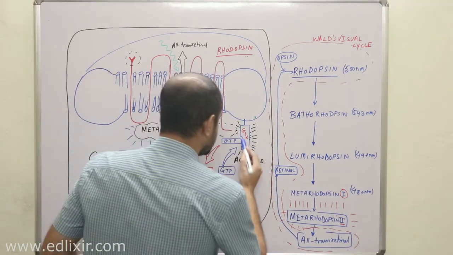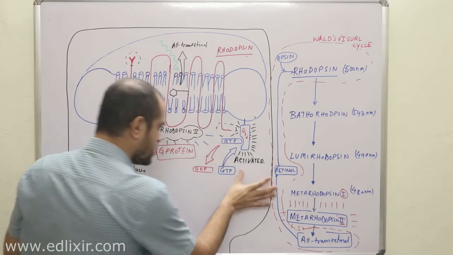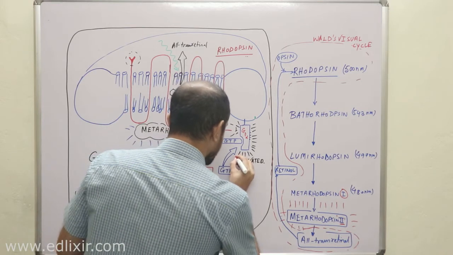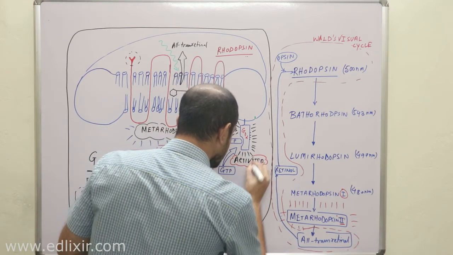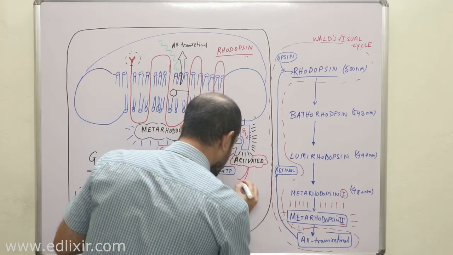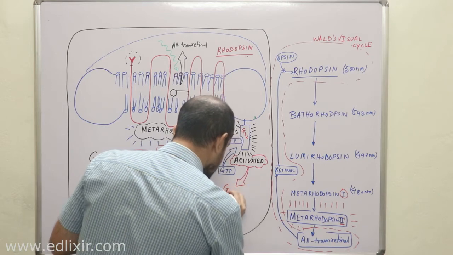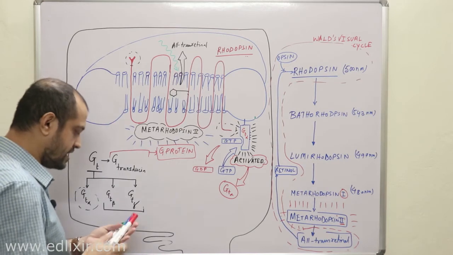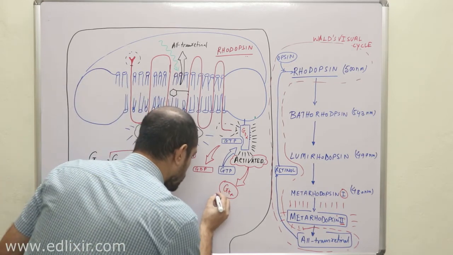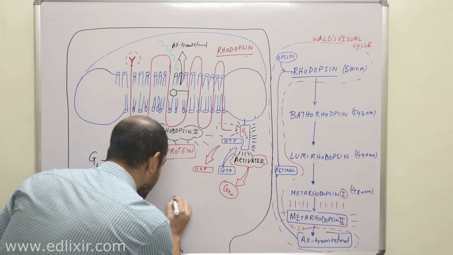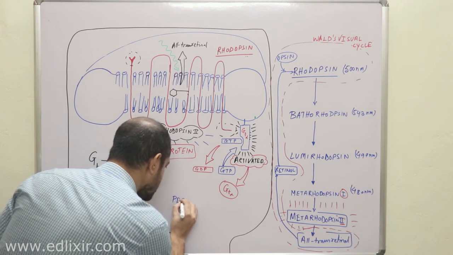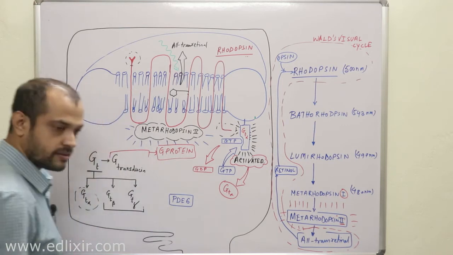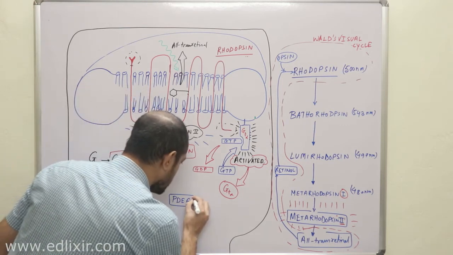Now when G transducin alpha is activated, this activated GT alpha will now activate an enzyme known as phosphodiesterase enzyme isoform 6, or PDE6. Clear? Now listen with all your attention.